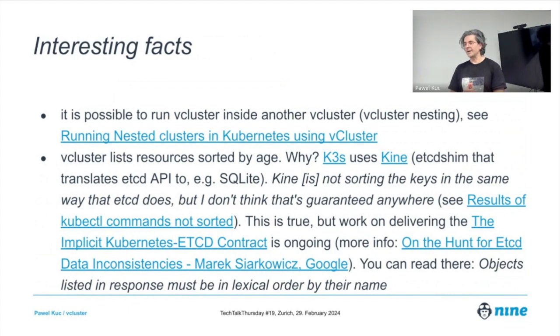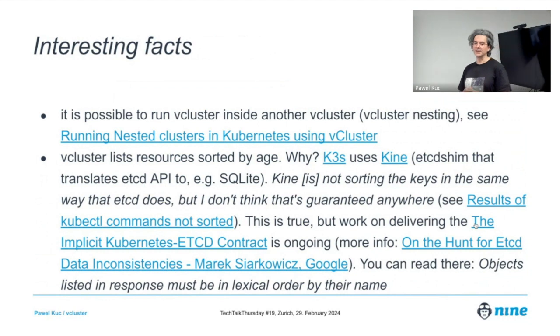it's not guaranteed anywhere, and that's kind of true. But I found a cool talk on the hunt for etcd data inconsistencies from Marek Sierkowicz from Google, who is one of the maintainers of etcd. He took that project and started with the implicit Kubernetes etcd contract, and I provide the link for this.